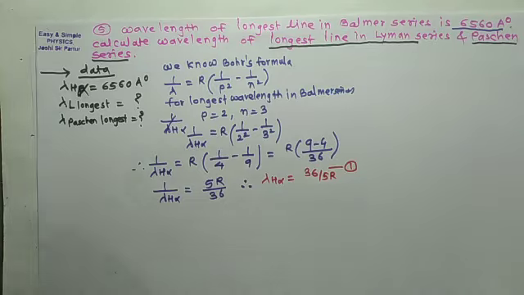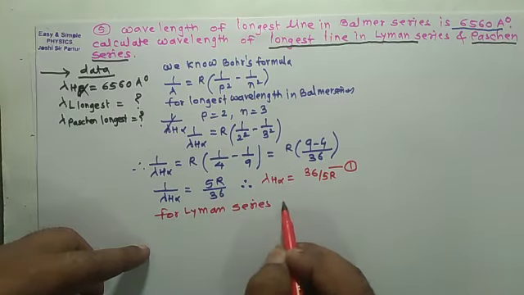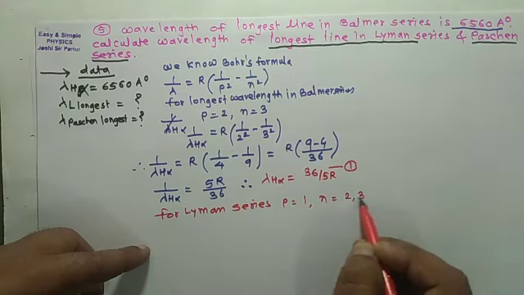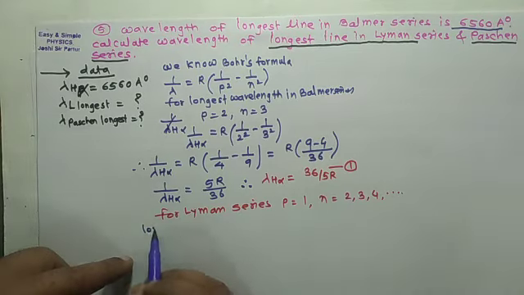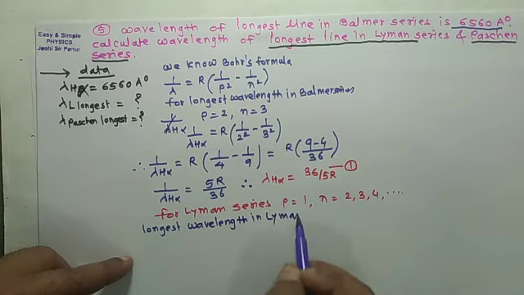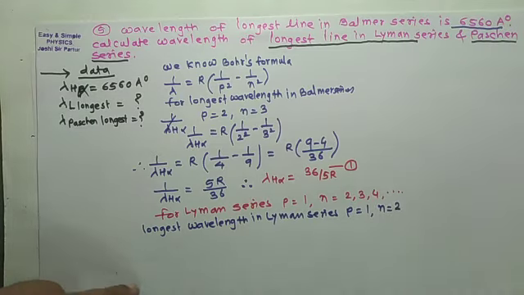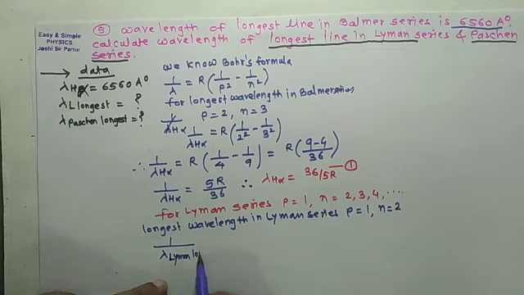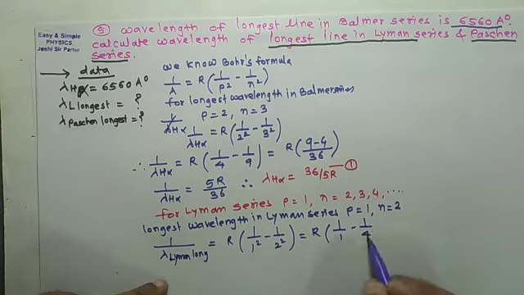Again we can solve for Lyman series. p equal to 1, n equal to 2, 3, 4, and so on. So for the longest wavelength in Lyman series, p equal to 1, n equal to 2. 1 upon lambda Lyman longest is equal to R in bracket 1 upon 1 square minus 1 upon 2 square, which is R in bracket 1 upon 1 minus 1 upon 4.